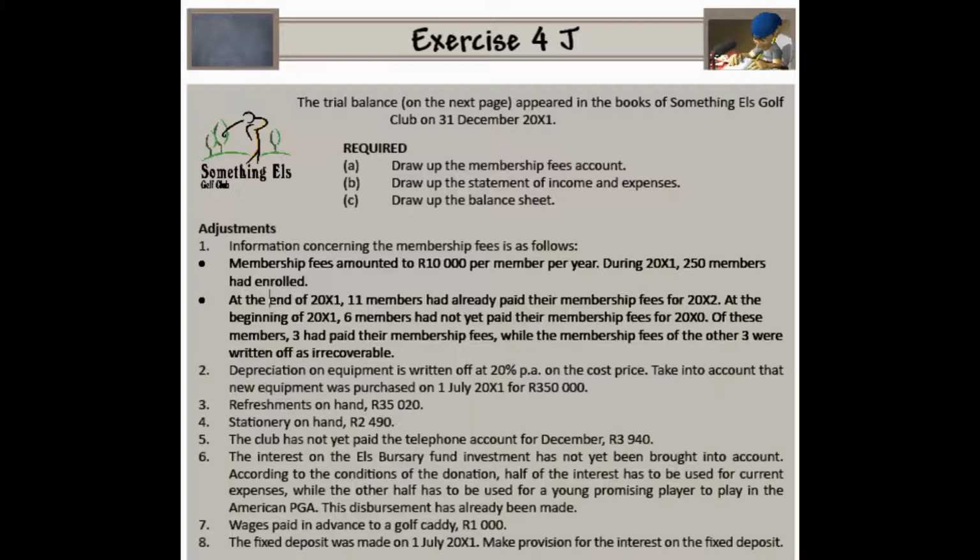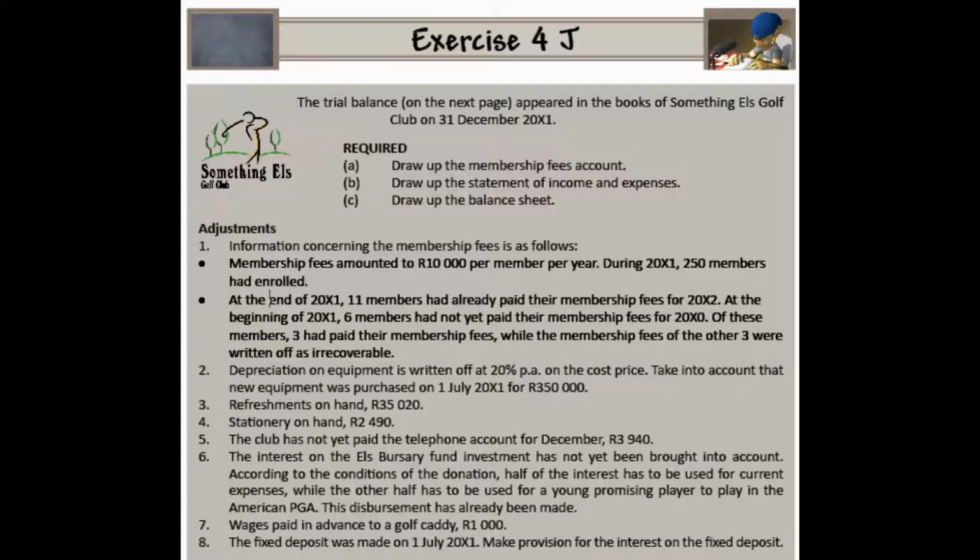So we debit consumable stores on hand and credit stationery with 2490, and debit consumable stores on hand and credit refreshments 35020. You must remember to open your T accounts for refreshments and for stationery, and open them with the totals that were given.